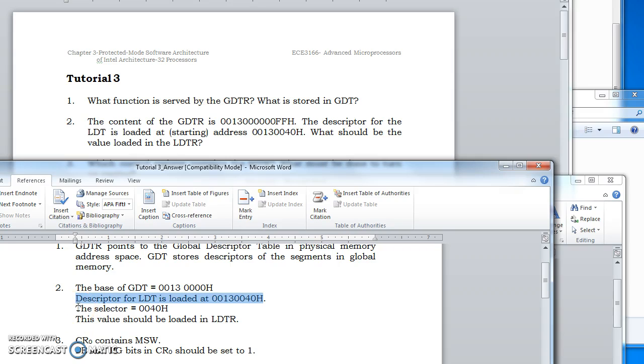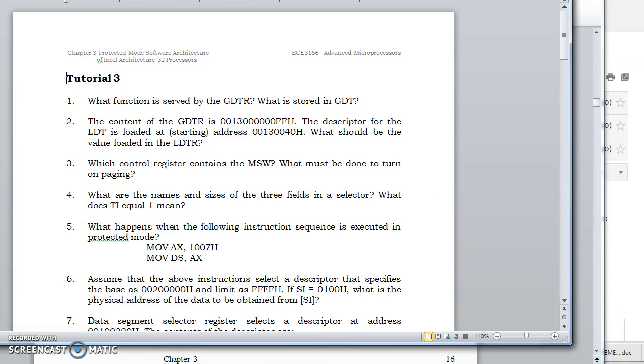From the descriptor for the LDT, the selector will be 0040H. So this is the value that should be loaded into the LDTR. Okay, we'll continue with question number 3.